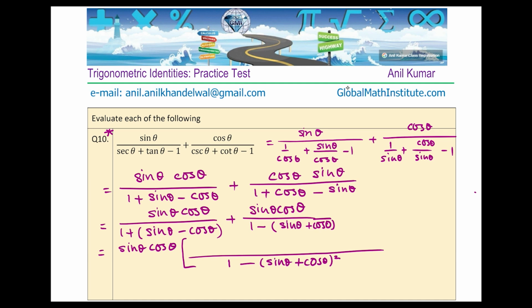We have here 1 minus sine theta plus cos theta, and here we have plus 1 plus sine theta plus cos theta. You see that? Now in the numerator, 1 and 1 becomes 2, and when you subtract sine theta plus cos theta and add, that is 0.